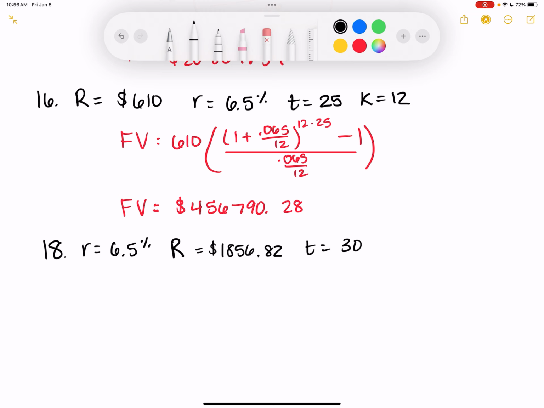You failed. Find the present value of a loan with an annual interest rate r, periodic payments capital R, for a term of t years with payments made and interest charged 12 times per year. So that means it doesn't tell you this, but that means that k is 12.